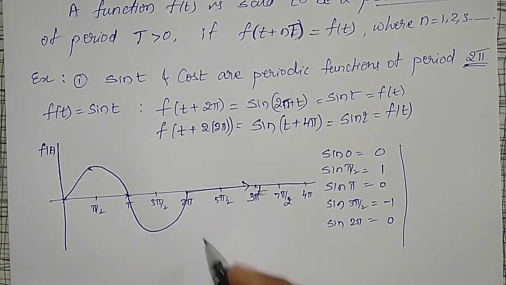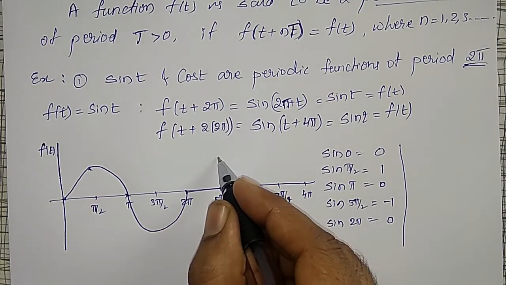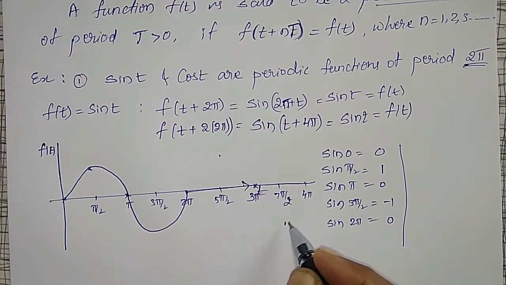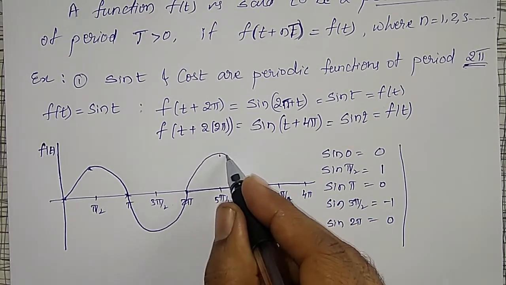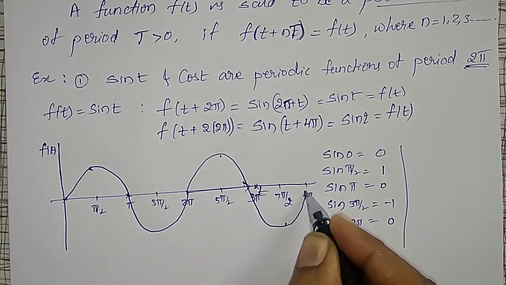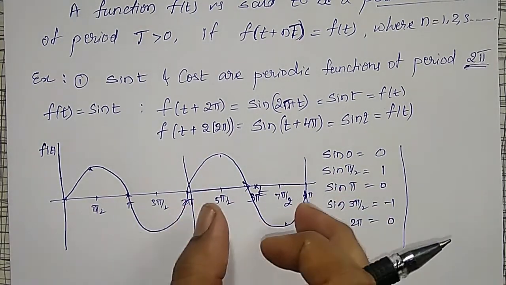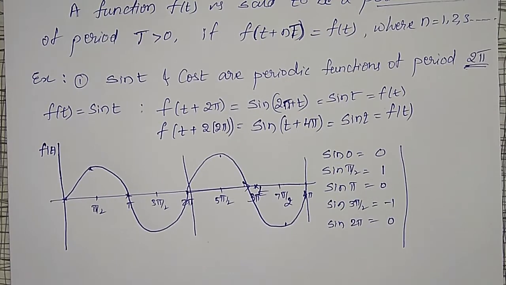If I take the values, this again becomes plus 1, then 0, again minus 1 and so on. For this period again the function will remain the same. This is one period, this is a second period, it is repeating. Such functions are known to be periodic functions.